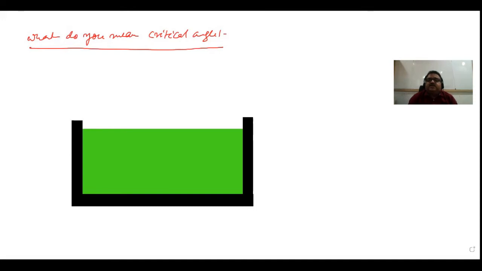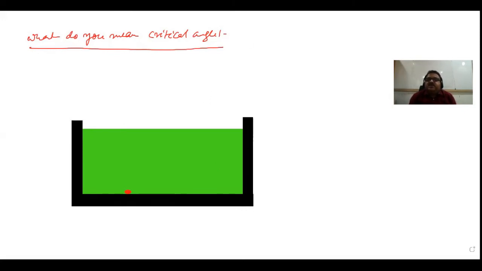Say for example, there is an object placed in this medium, correct? Let me mark this object by a different color, red. Now watch. This medium is denser with respect to the outer medium, correct?